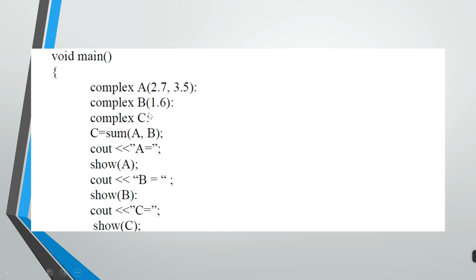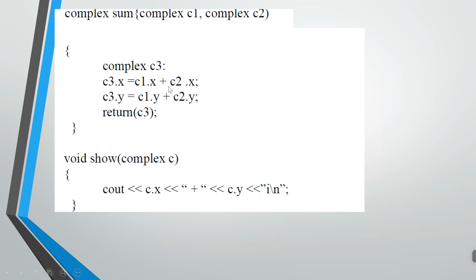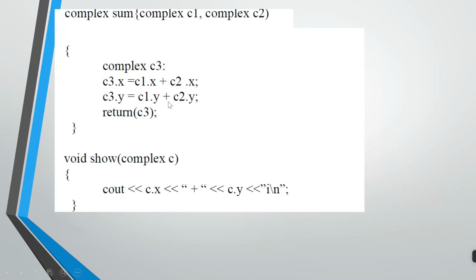Now, when it comes to complex C, it uses the default constructor with no value. C will be created. Now I am using a friend function. C is equal to sum of A and B. Sum is a friend function which takes A's values 2.7 and 3.5, and B's values 1.6 and 1.6.